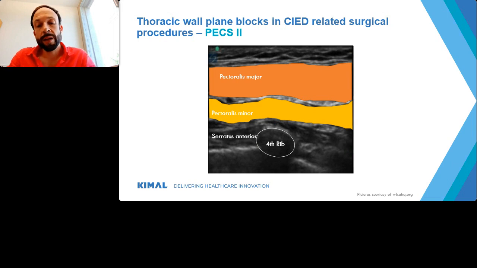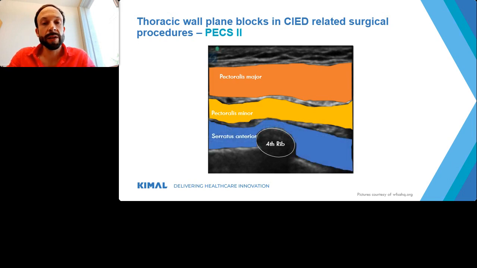And again, this is the parasagittal line, the mid-clavicular line, where you place your probe, and then you slide towards the 4th rib, and what you want to do is move it outside, and then you see this picture. Again, I want to encourage you to go online and check it. There are good video tutorials from anesthesiologists conducting these kinds of wall blocks.